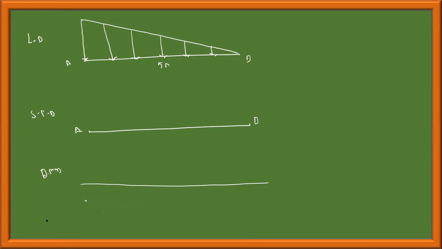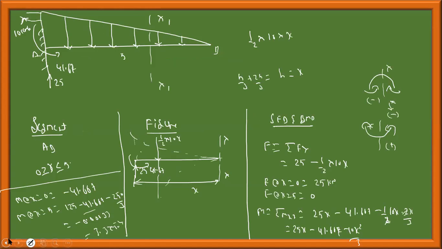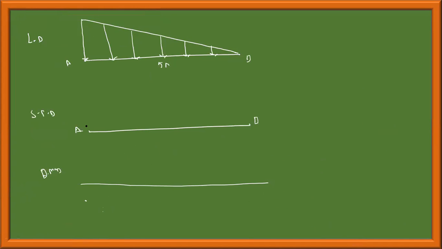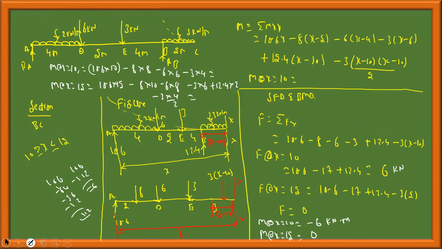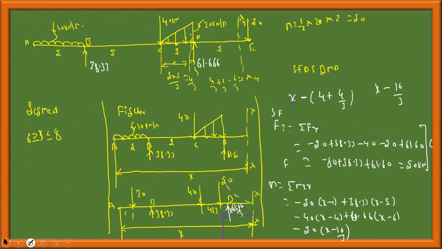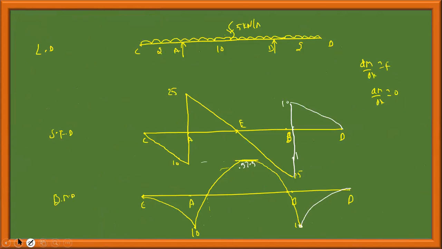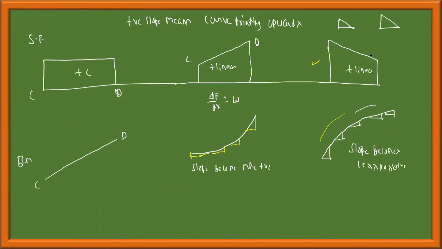Shear force at x equal to 0 is 25, and at x equal to 5 it is 0. You check how this variation will be.